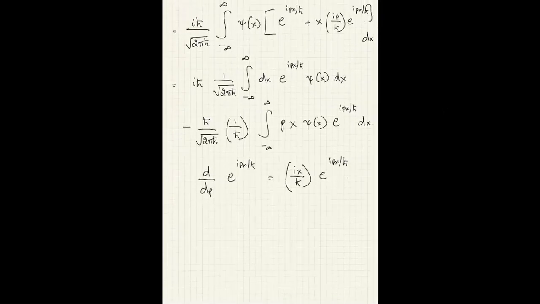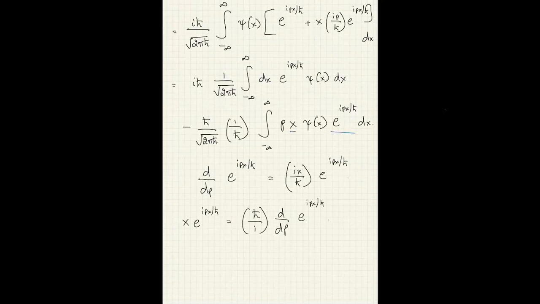So I can write x e to the i p x over h bar as the quantity h bar over i d dp of e to the i p x over h bar. Okay, so I have an x over here and an e to the i p x over h bar over there.